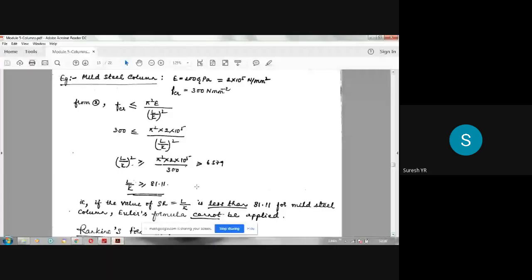Because I am interchanging the denominator to numerator. So this value comes out 6579, L by K whole square, or L by K is square root of this, that is 81.11. What does it mean?